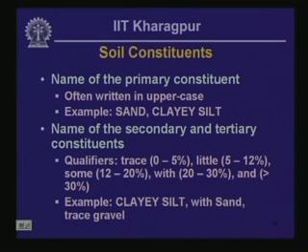For example, clay silt with sand means it is primarily a clay silt soil, but it has 20 to 30% of sand, and it could also include trace gravel as given in the example at the bottom of this slide.